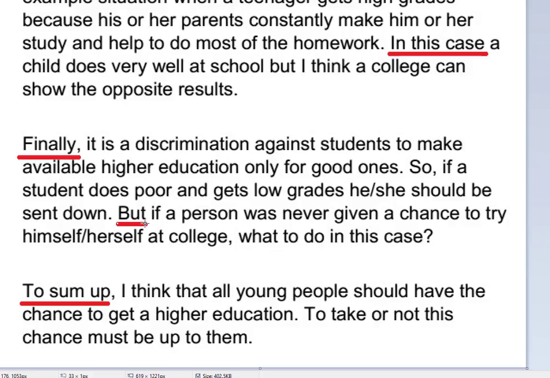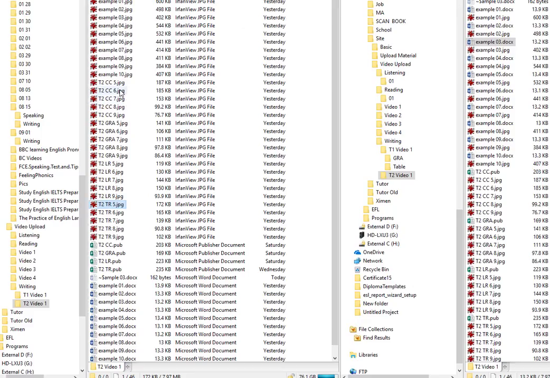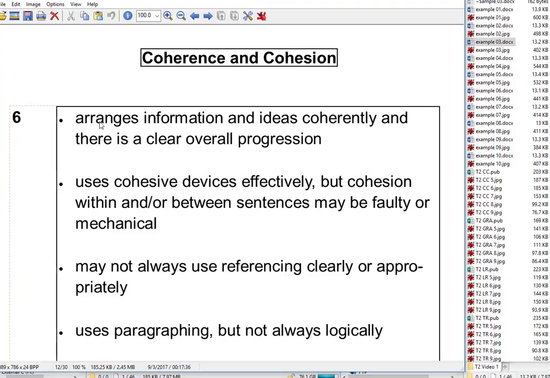Okay, conjunction. Okay, so arranges information and ideas coherently. Yeah, that's true. Cohesion within or between sentences may be faulty or mechanical, even though its use is effective.